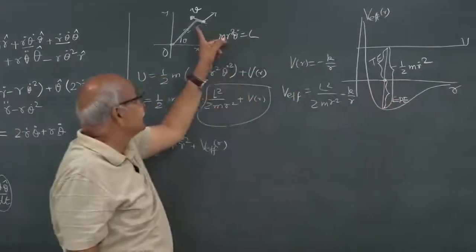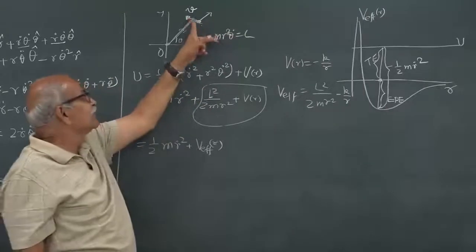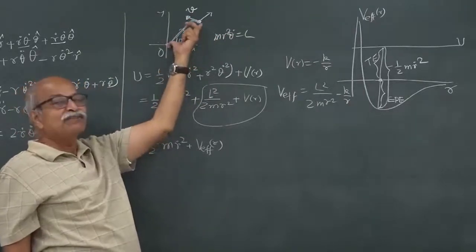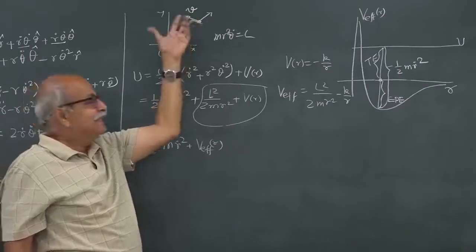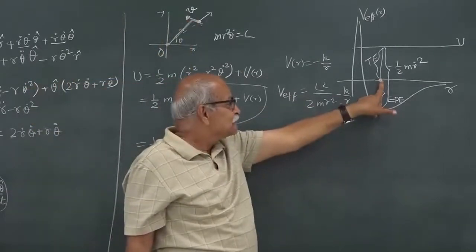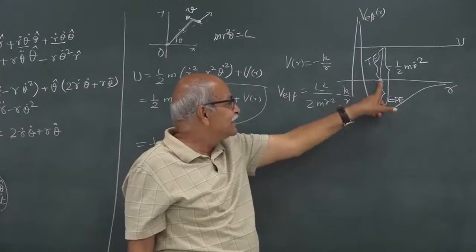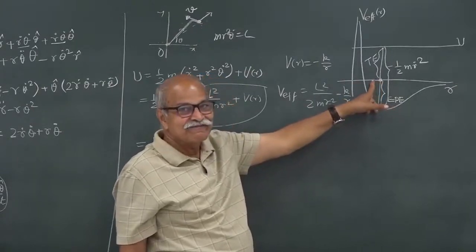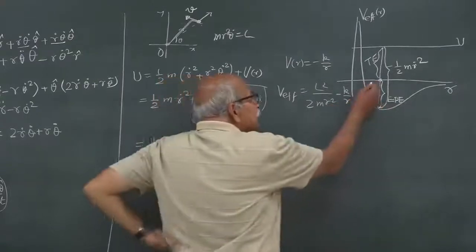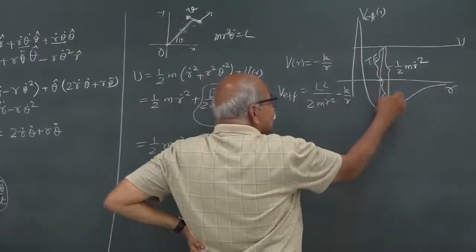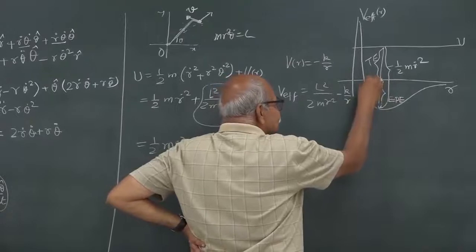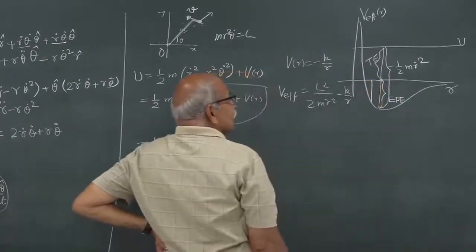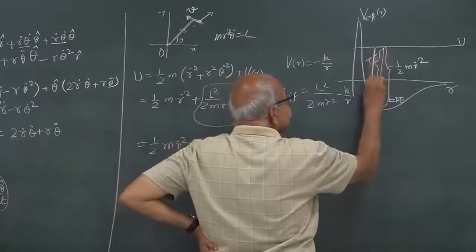Remember this is a graph, this is the particle, and the particle is going in this direction. So, the separation from the origin is decreasing. In this diagram, the particle's original r is here and r is decreasing, which means it is going this way. What is happening? Your effective potential energy is now this much, the magnitude is decreasing, and the total energy is here to here.